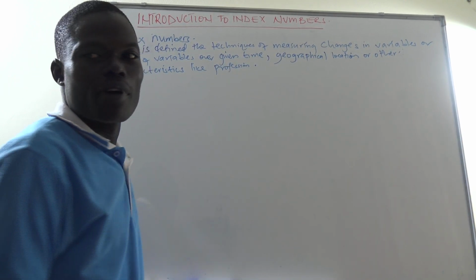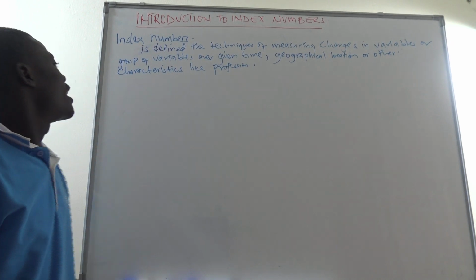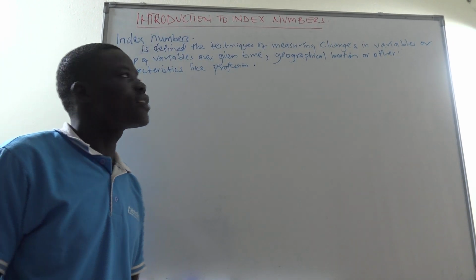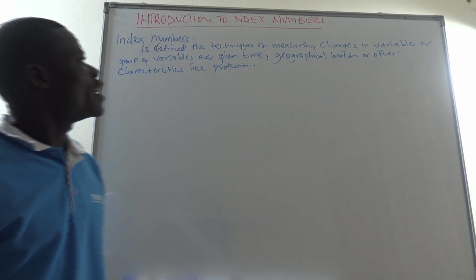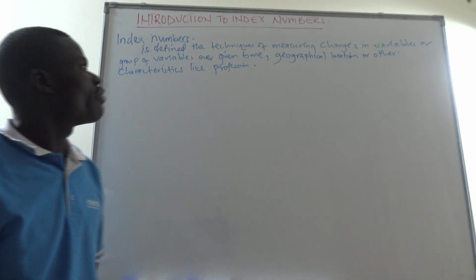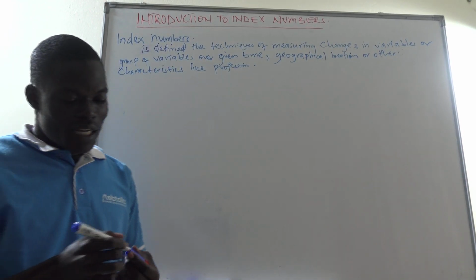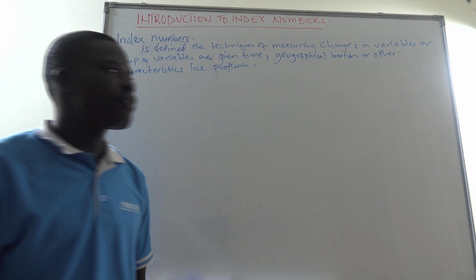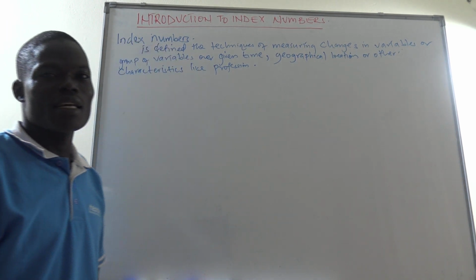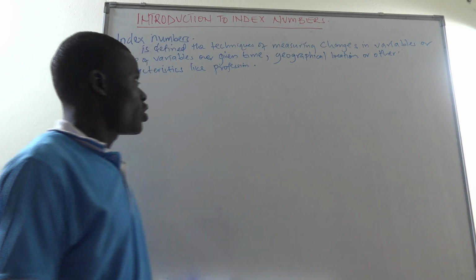So that's how you define index numbers, as the techniques of measuring changes in variables or group of variables over a given time or geographical location or other characteristics like profession.